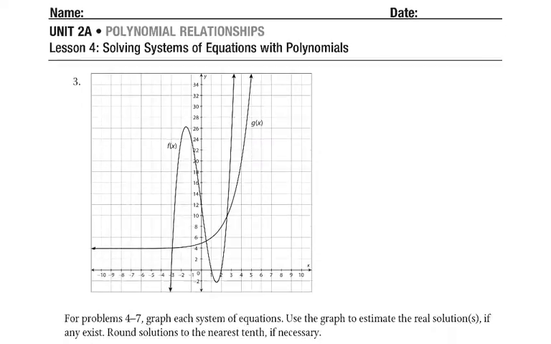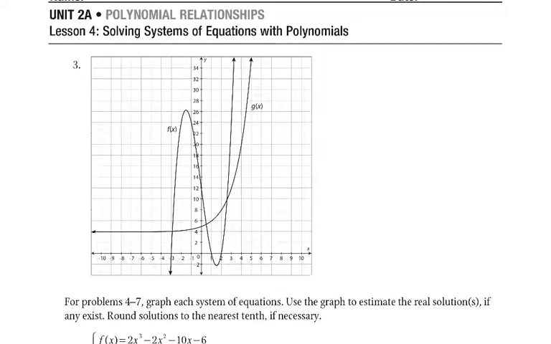Okay, now 3. We've got 3 points here again, so a cubic and an exponential. This one's pretty close to negative 3, 4, so we'll just call it negative 3, 4.